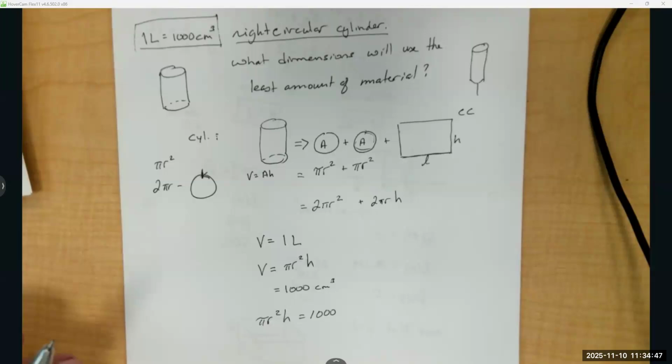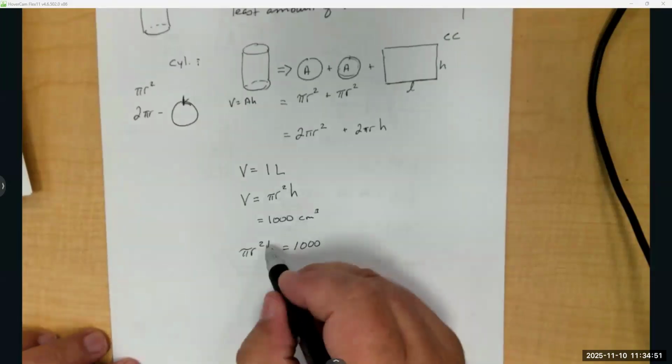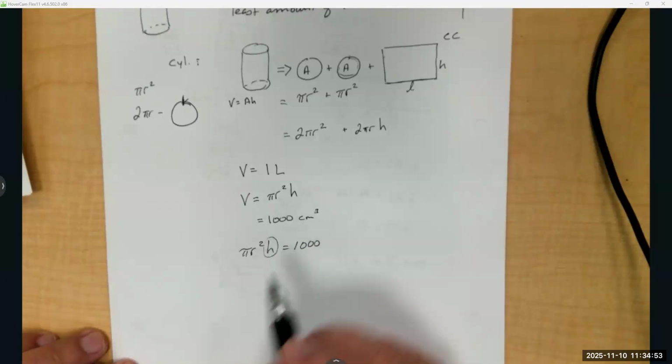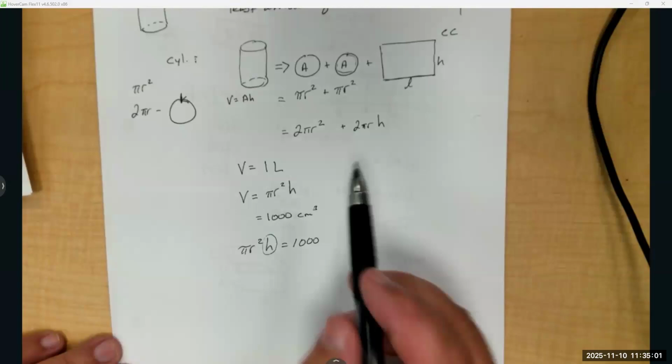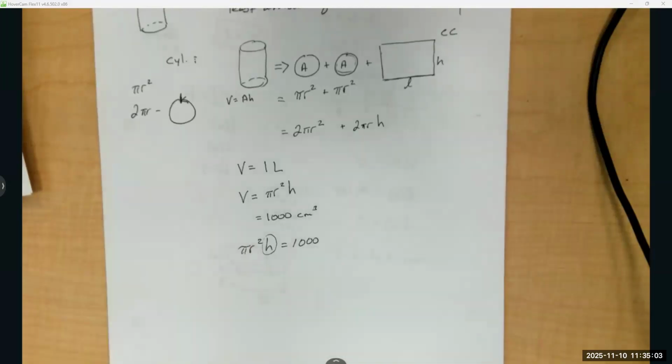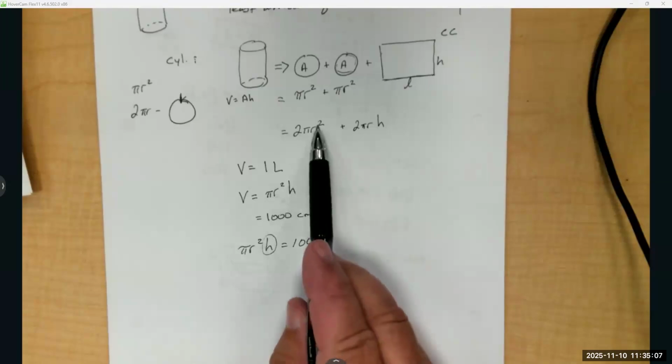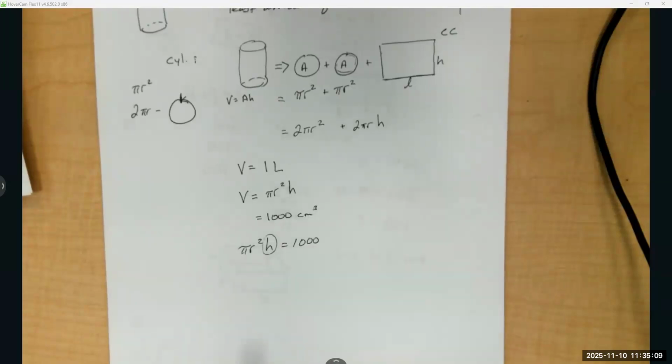So let's now start putting all this stuff together, because now we have to look for specific values. Eventually, h will be the variable that we will be looking for the most. Why? Because it's in both of these that we could really work with. R has too many of them. R is squared here. R is by itself there. So we're not going to mess with R. We're going to mess with H.